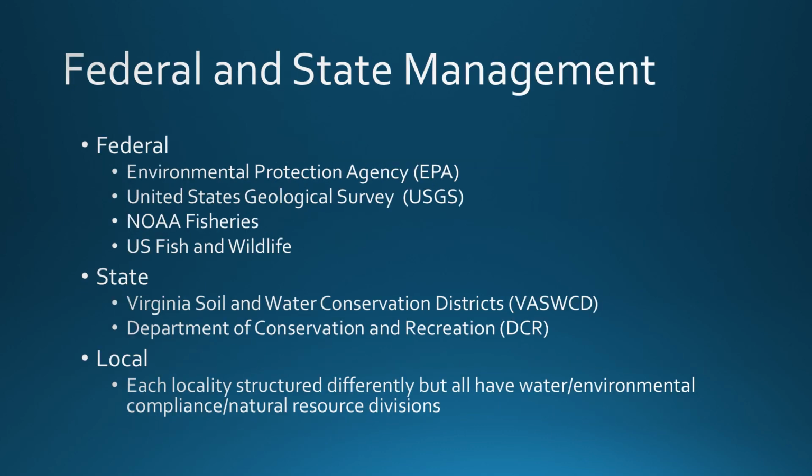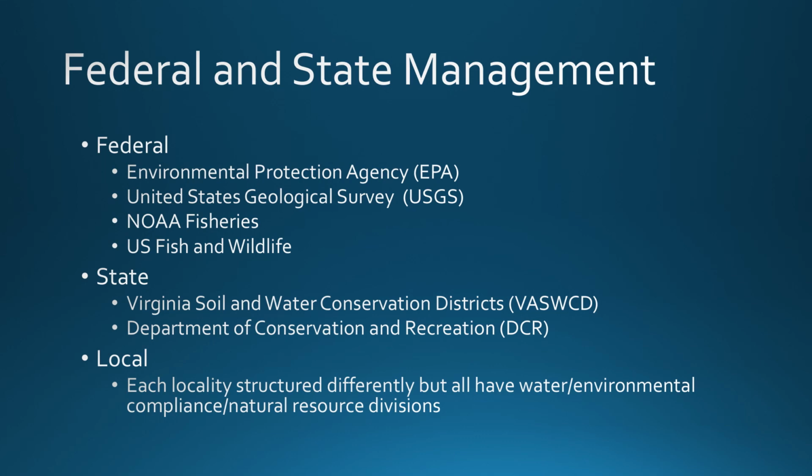And this is managed all on a federal and state level. So not just our water conservation, also all of our water use and how that impacts our environment. So at the federal level, we have the EPA, the Environmental Protection Agency, the USGS, NOAA Fisheries, U.S. Fish and Wildlife, so many more, because like I said, water doesn't exist in a vacuum. Everything's connected, so everyone works together on this.